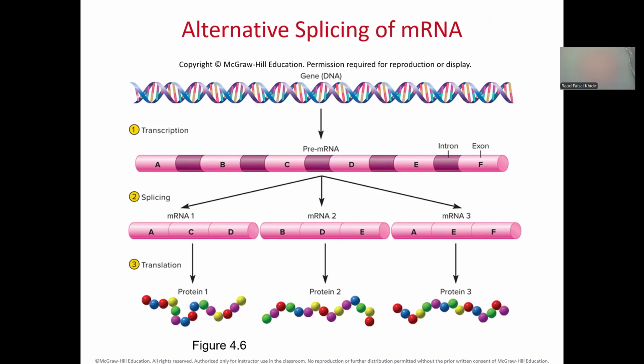Where is transcription happening in the cell? Where, not when, a place. In the nucleus. The transcription is happening in the nucleus. And the translation is happening where?